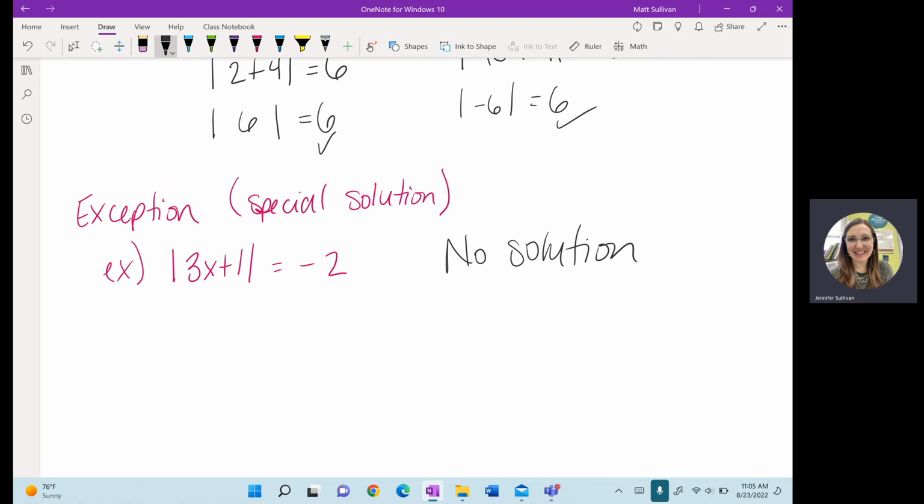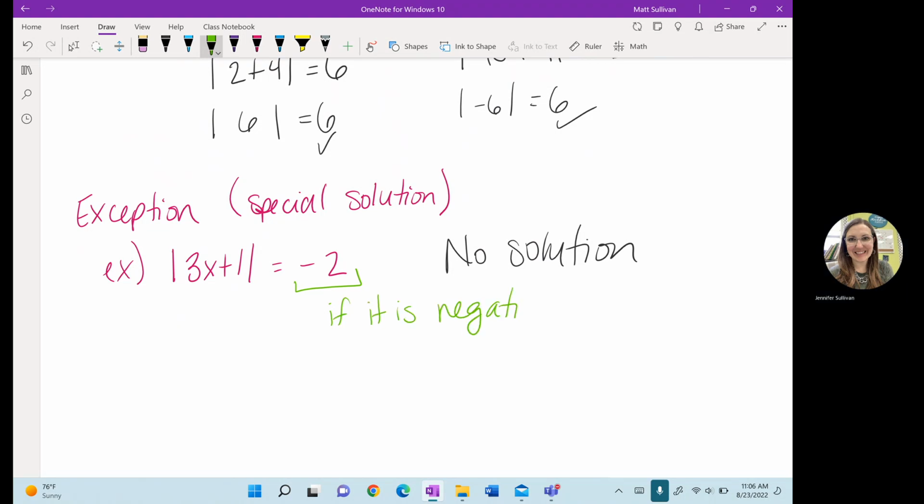The reason that this becomes a no solution is because the number on the other side of the equal sign is negative. This number over here, if it's a negative number, then there is no solution.